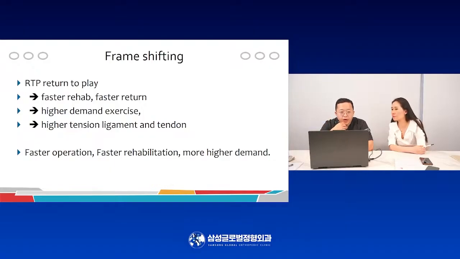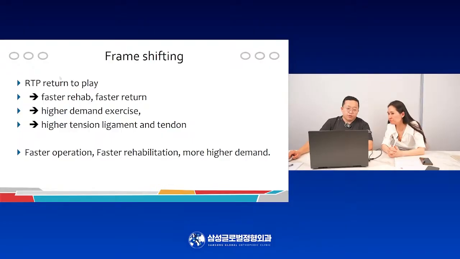So we have to address their healthcare problems. I always worry about how we could fix them and change their condition back to normal faster than before, so they can return to play. We always focus on that.